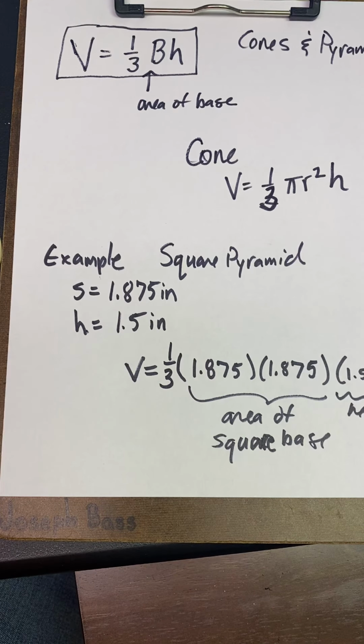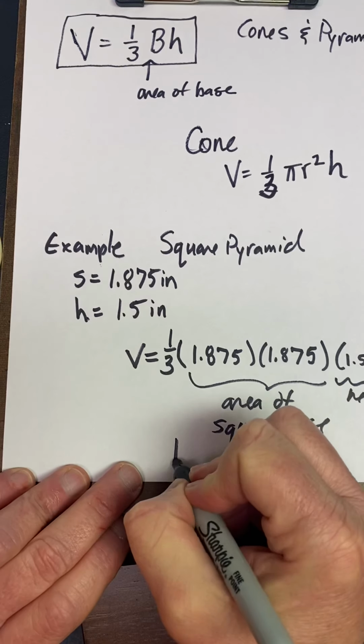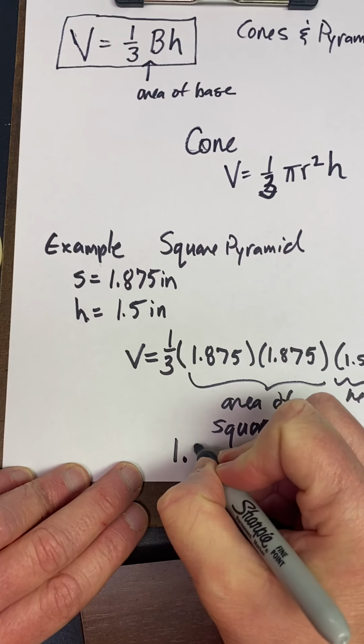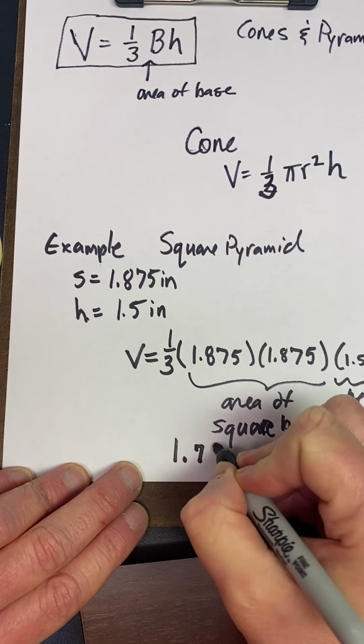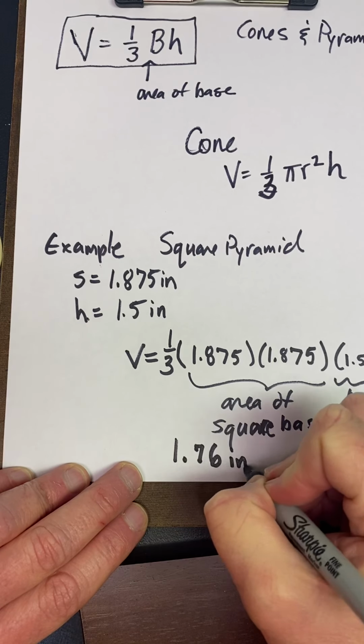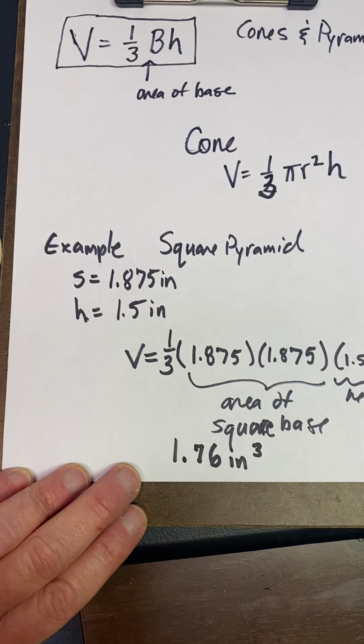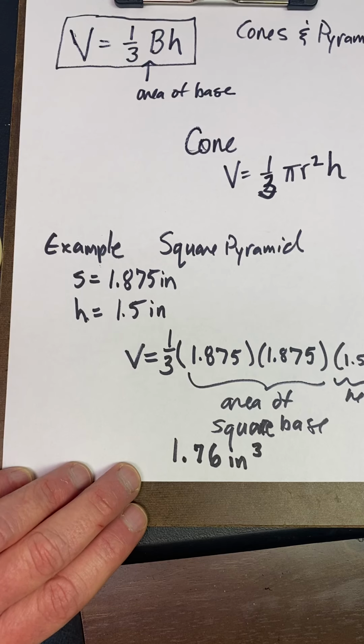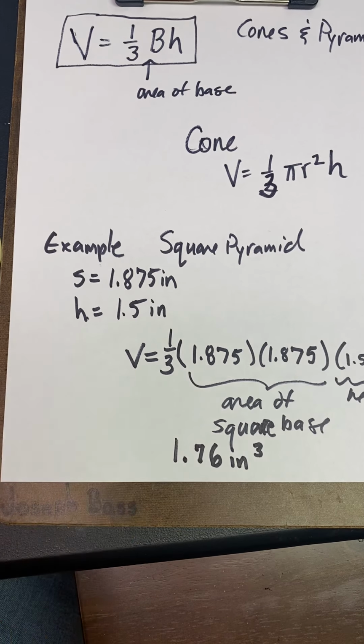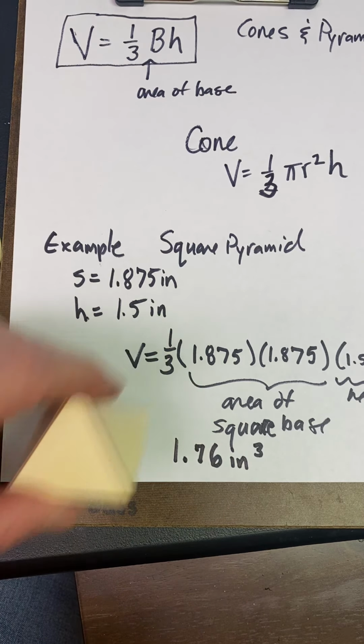So 1.875 times itself times 1.5 and divide that by 3 is 1.76, I'm going to round it, in this case, cubic inches. That would be the volume of this little square pyramid.